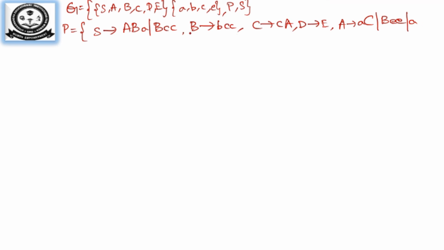Then finally you can have E tends to e. So you can see now this is an example with more number of rules, right? So this is a grammar and we have to reduce this grammar.